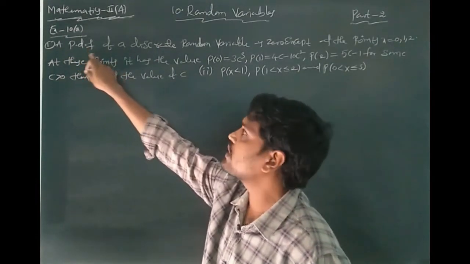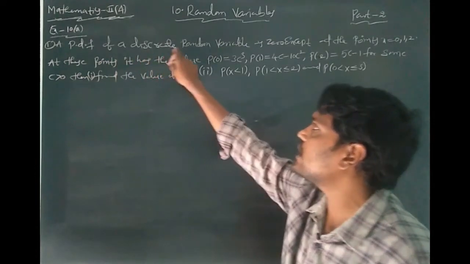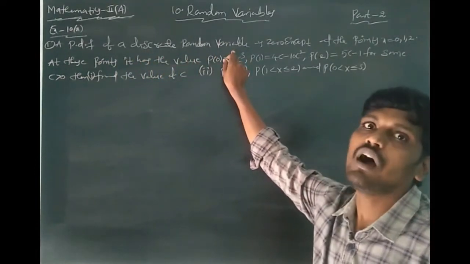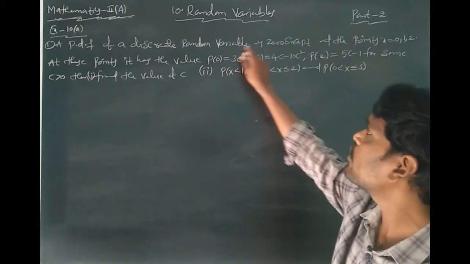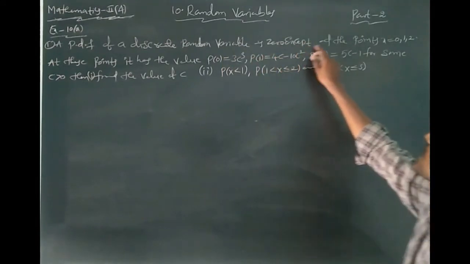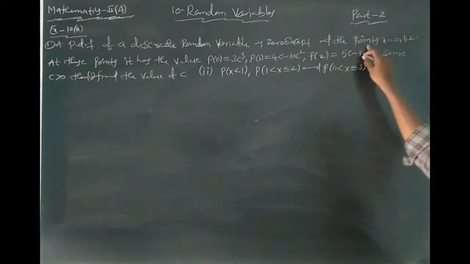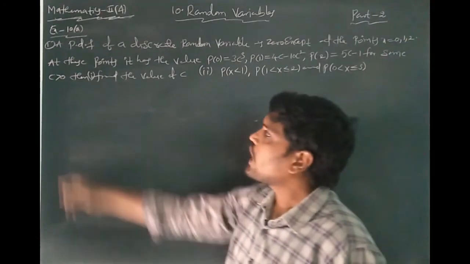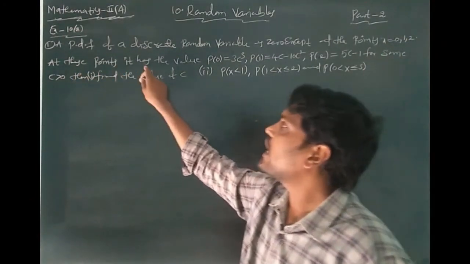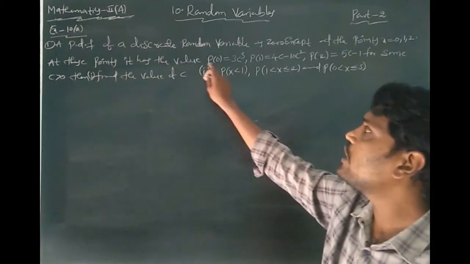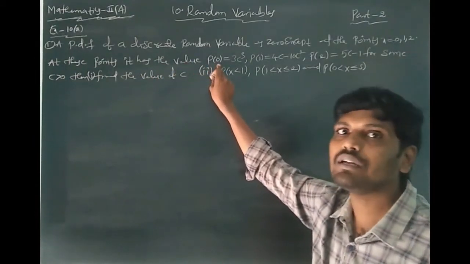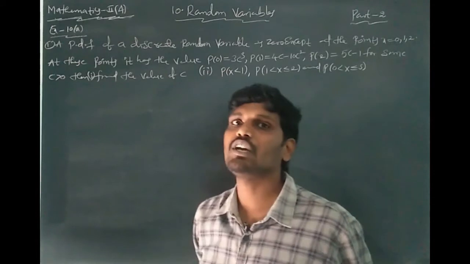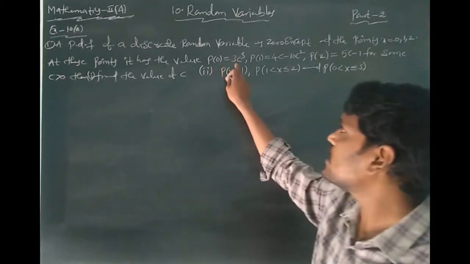The probability distribution function of a discrete random variable is 0 except at the points x equal to 0, 1, 2. At these points it has the value p of 0, nothing but the probability of x equal to 0, given as 3c cube.